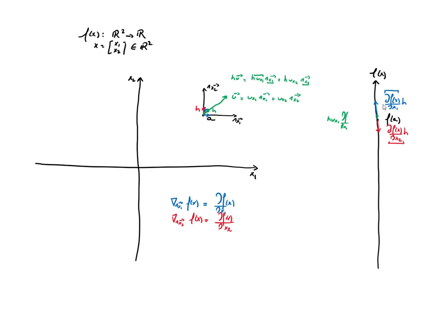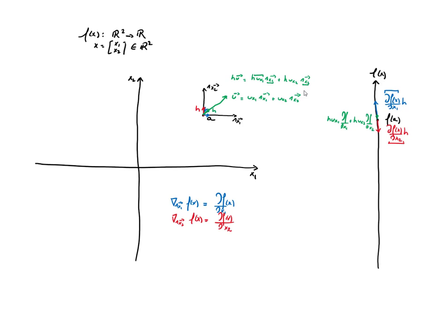And then we'll have to do something similar because we are also doing a change in this direction, right? So it will be plus h u x2 partial derivative of f with respect to x2.